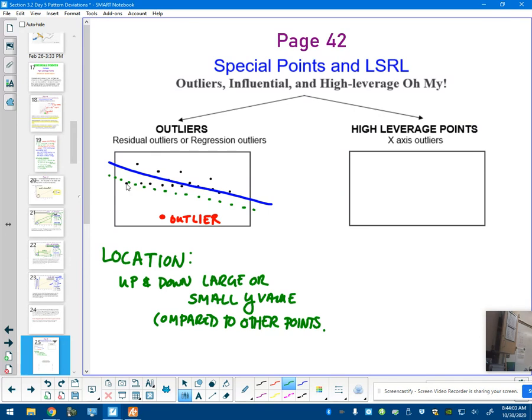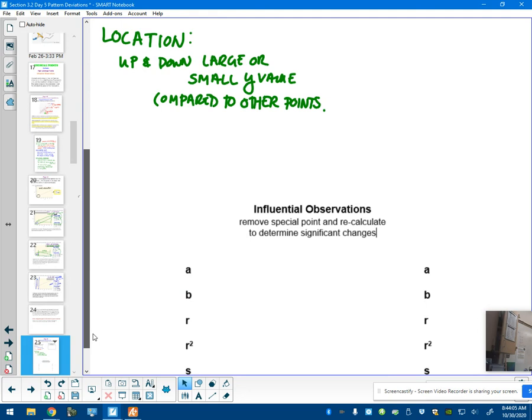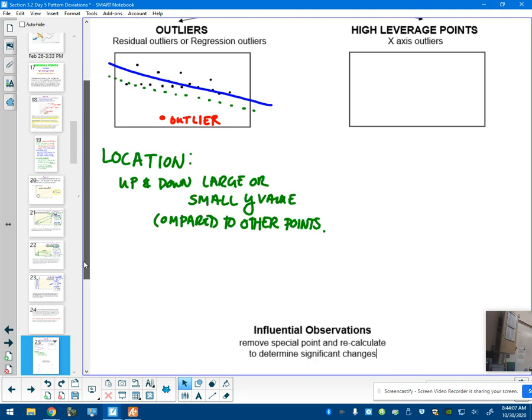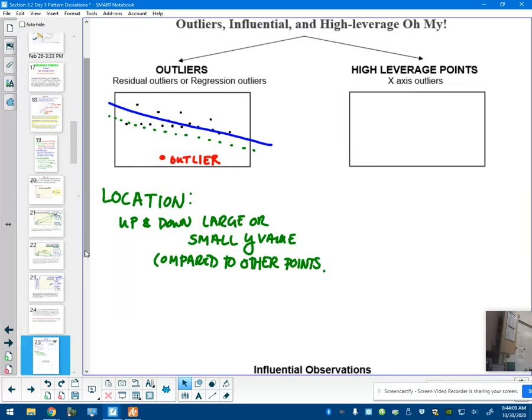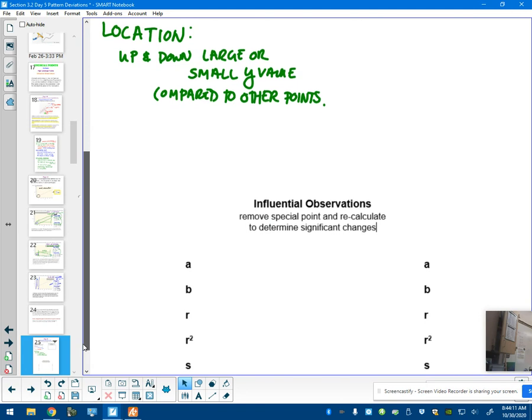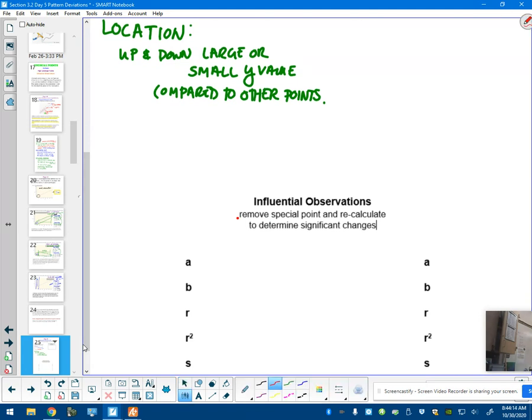Down below. What does it do if you took out that red point? Or if you put the red point in? This is when you remove the special points and recalculate. So, if it is an influential observation that is an outlier, is it going to change my intercept?